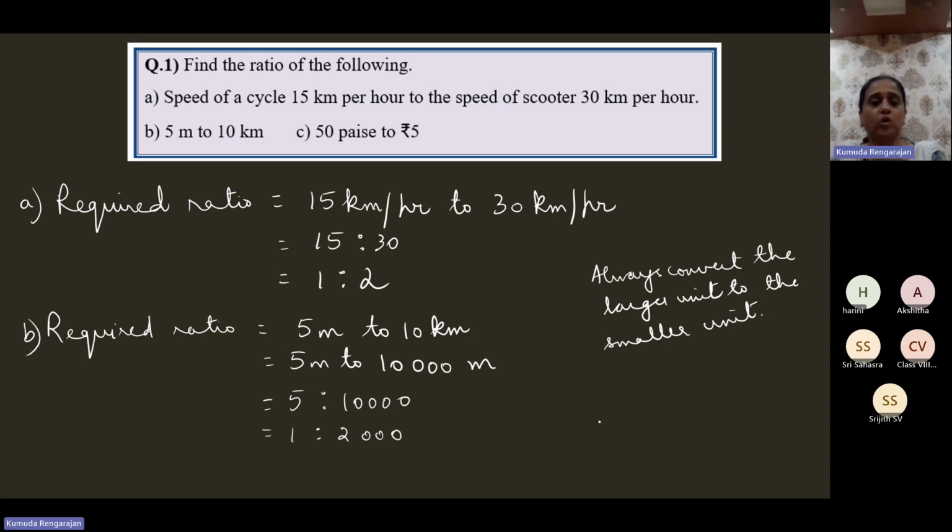So here between kilometers and meter, not the number 5 and 10, the unit, meter, kilometer, which is a bigger unit, kilometer. Don't see the value attached to it. So convert that bigger unit, kilometer, to meter. And then find the ratio.